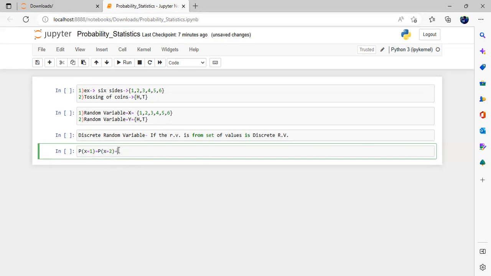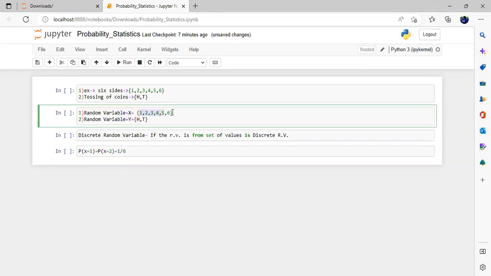Is it clear? The probability of a value present in this given set is 1 by 6, because 6 is the total number of numbers present in that set.